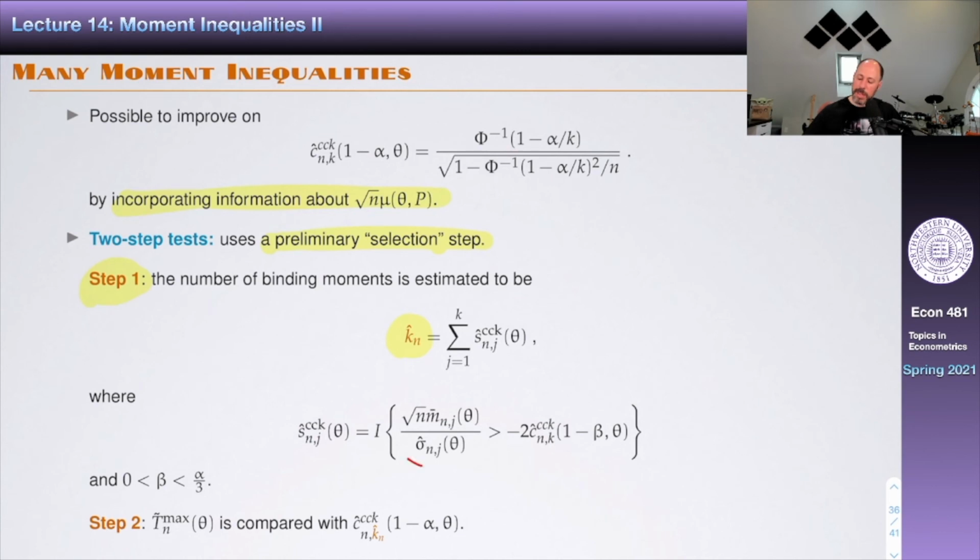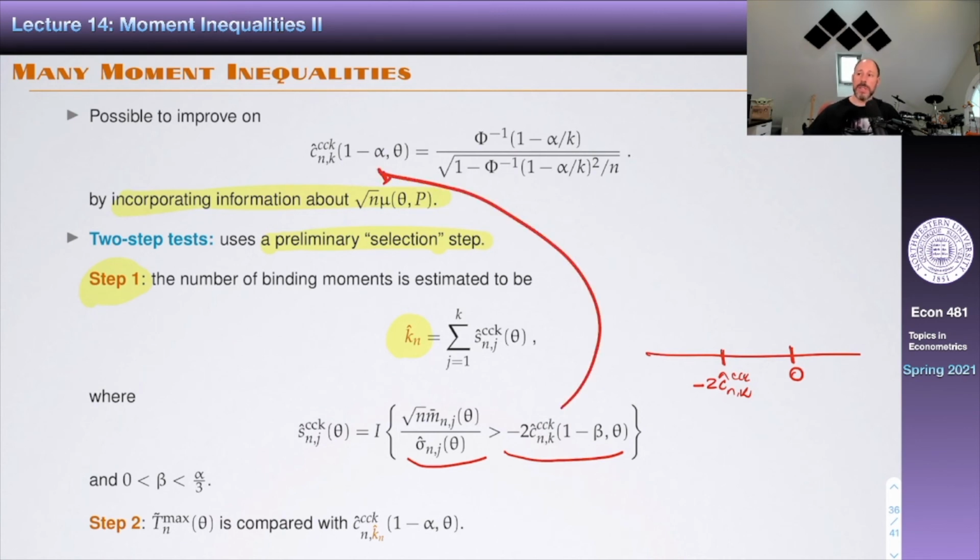Okay, 0, except that notice that 2C hat CCK and K is not a drifting sequence, it's a quantile. Notice that this guy is the same as this one, right? So it's that critical value. So closed form is known. It's just twice that critical value for 1 minus beta level.